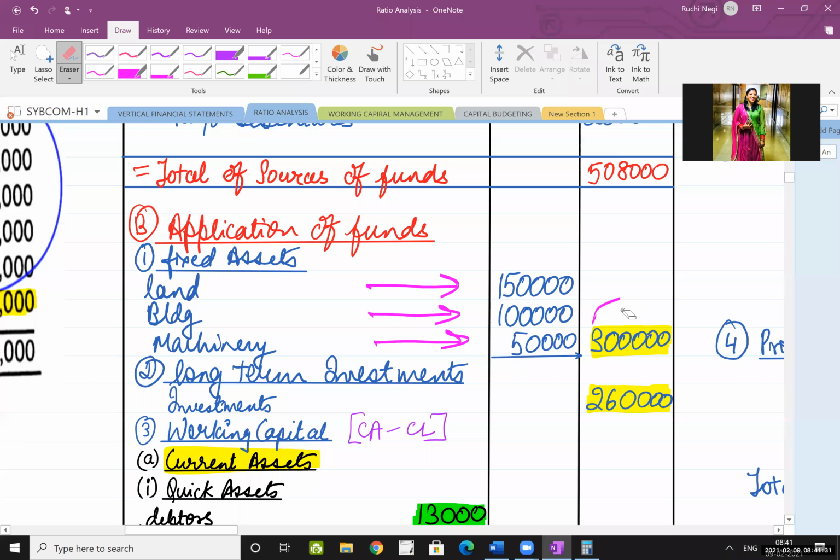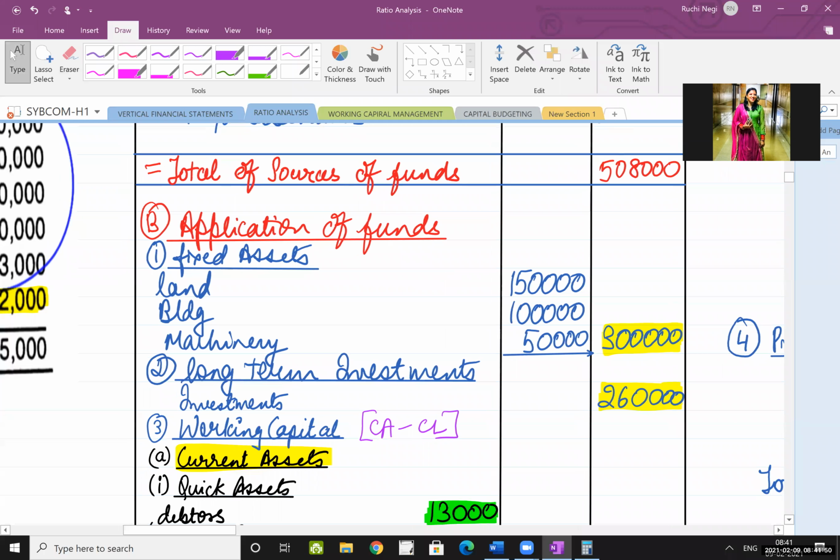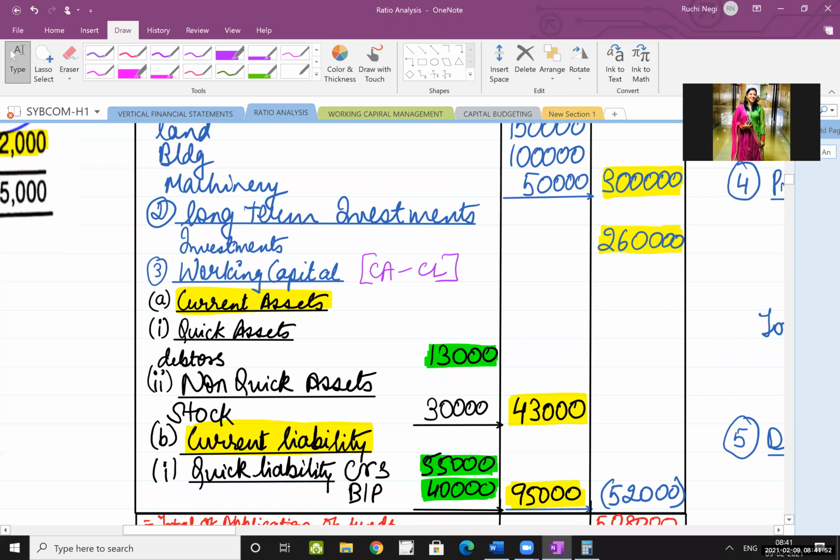Okay. Then what do I have? I have to calculate my working capital. How do we get that? Current assets minus current liability. So this is all what we have done in the last chapter also. Correct? In current assets I have quick assets plus non-quick.